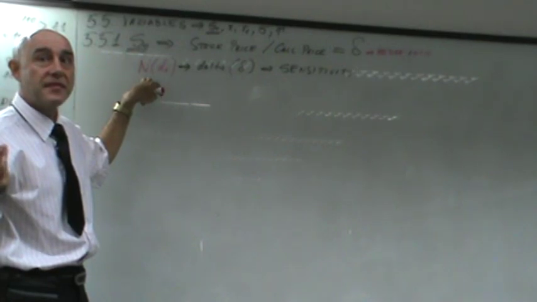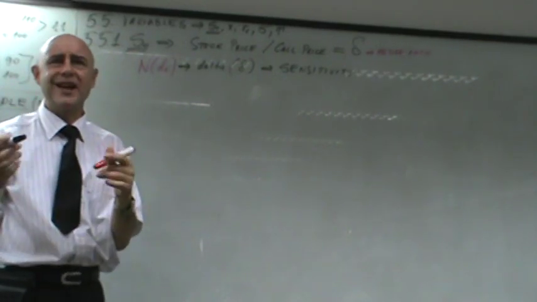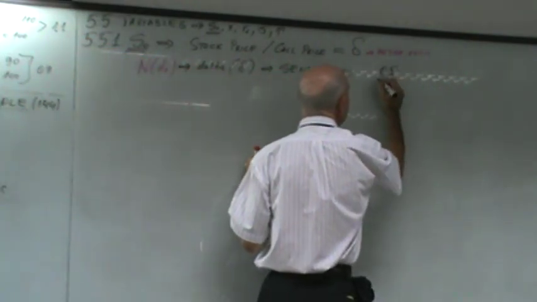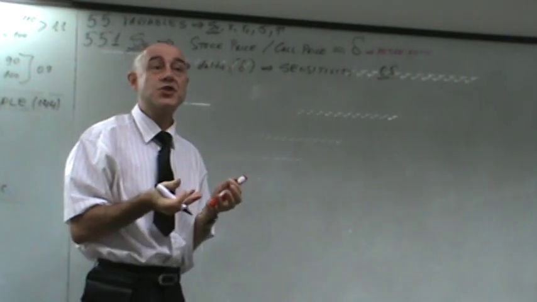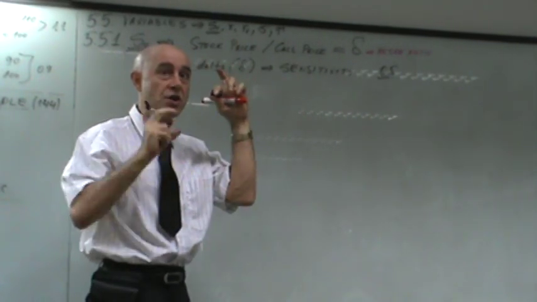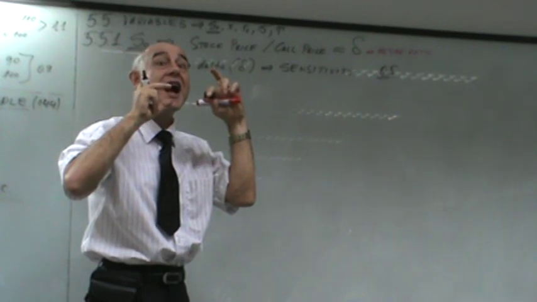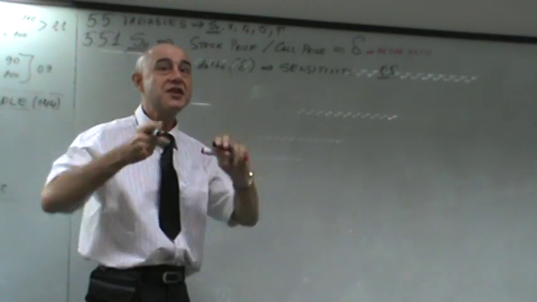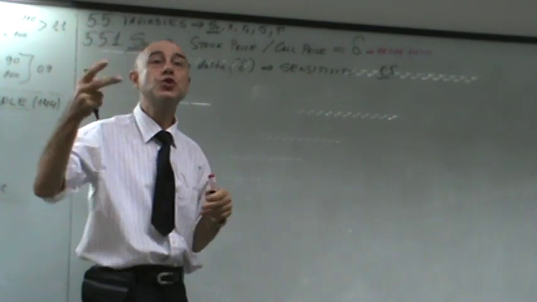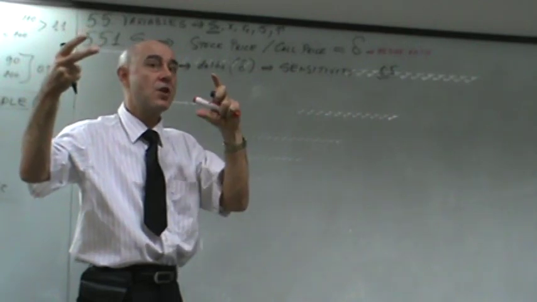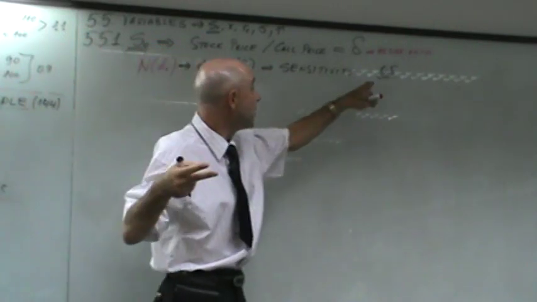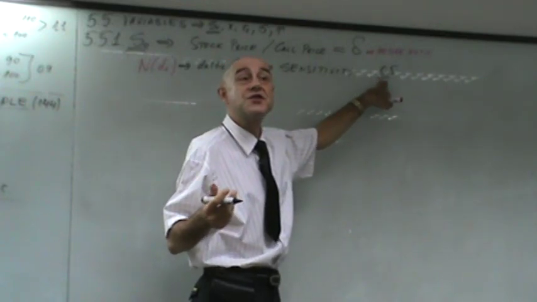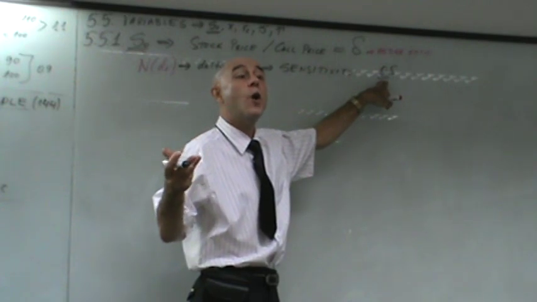Okay? So let me just provide a very simple example. If the sensitivity is 0.5, this means when the stock goes up by $1, the call is going to go up by $0.50. If you want to be perfectly hedged, this means that you're going to have 2 calls for 1 stock. So the sensitivity tells you that you've got to have 0.5 stocks for each call.